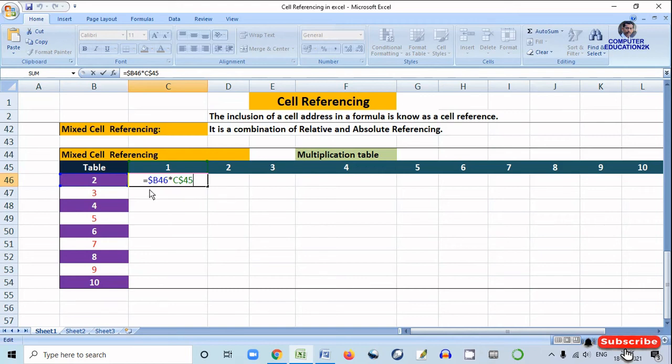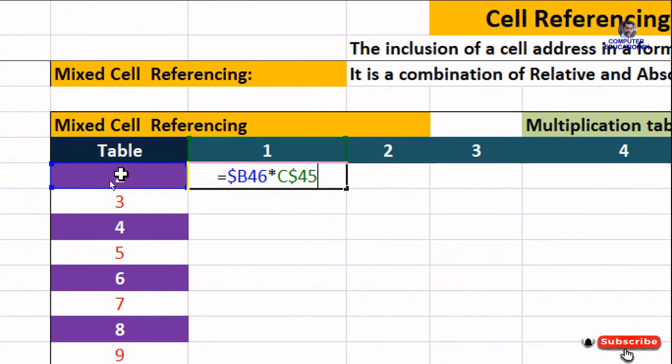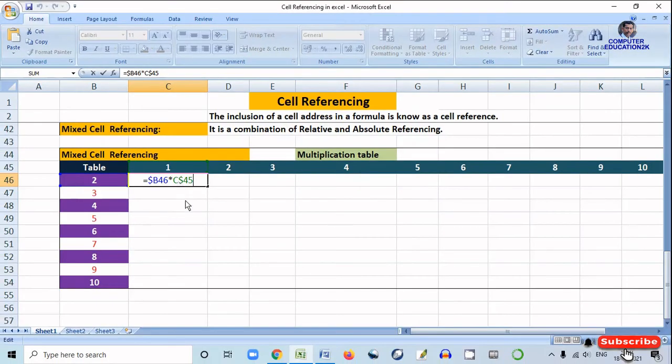So we have fixed column B over here, and we have fixed row 45 over here by giving the $ sign. So this is an example of mixed cell referencing where the column is fixed in one cell reference and the row is fixed in the other.